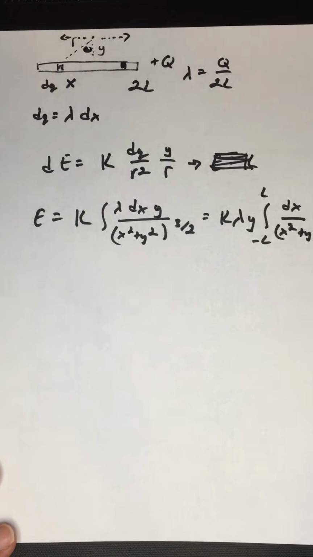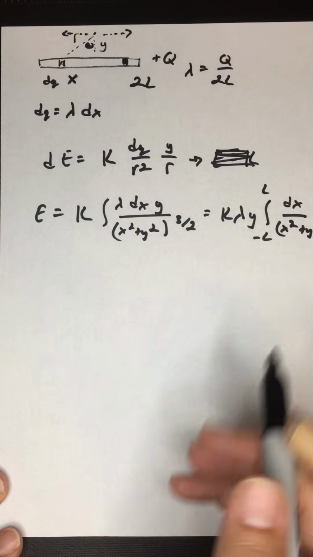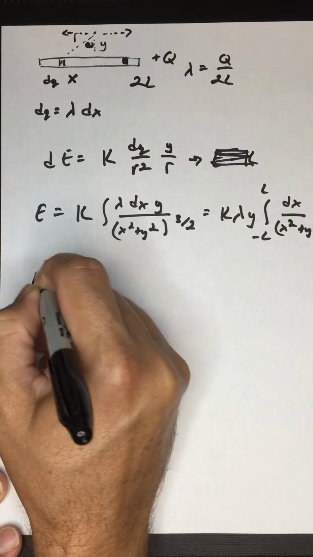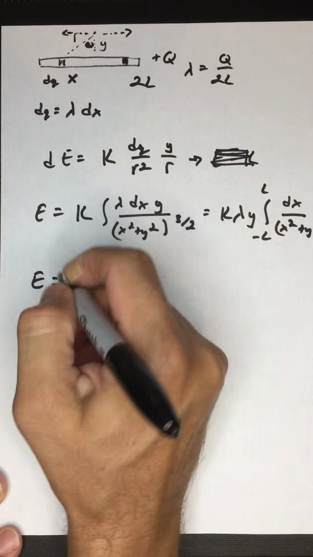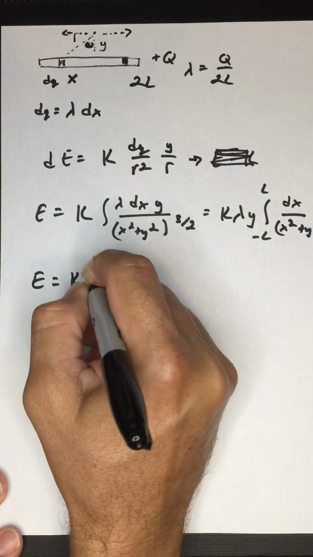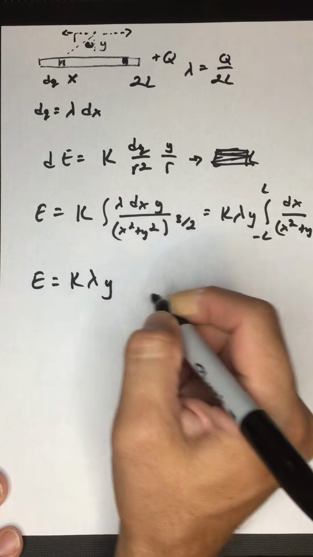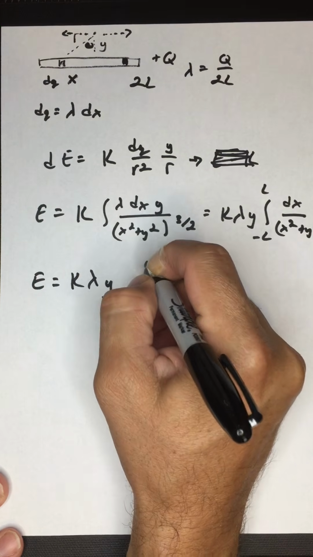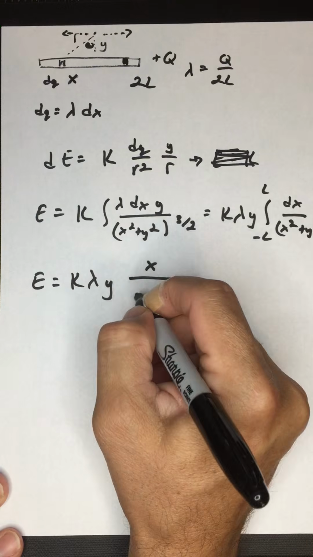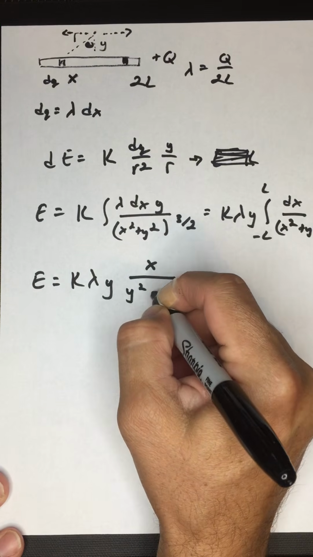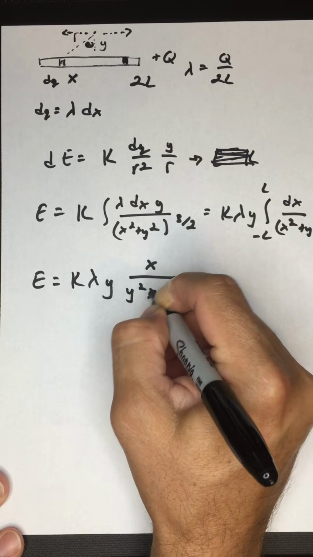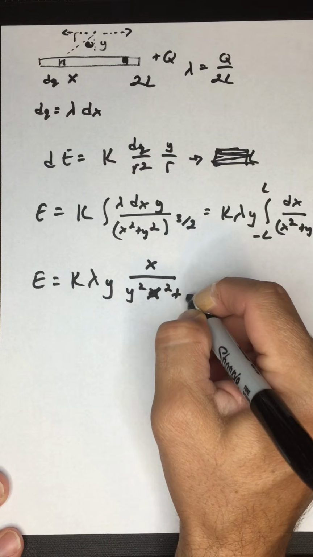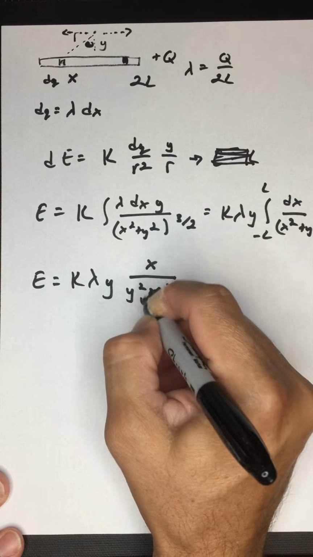When I do that, get this back in frame, I get that the electric field at that point, after I evaluate this integral, is k lambda y times x over y squared times the square root of x squared plus y squared.